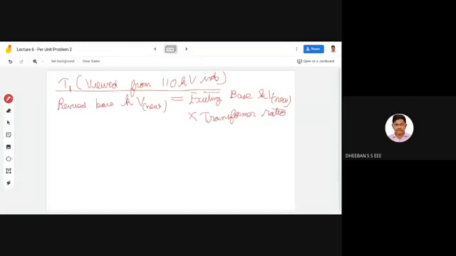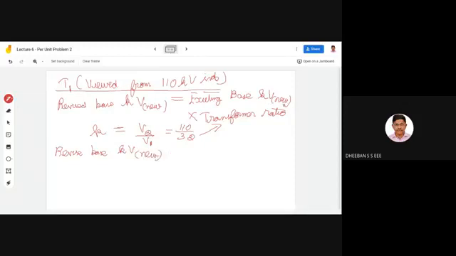The transformer ratio you can easily find out by taking k equal to V2 by V1, so it will be equal to 110 by 32. Now we have to apply this over here. Your revised base kV new will be equal to the existing base kV new.